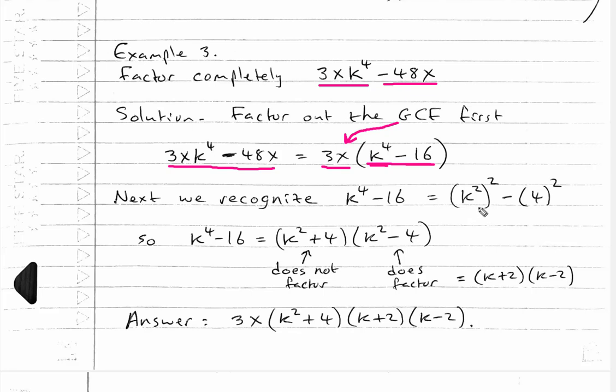Okay, so k squared times k squared, altogether you're multiplying 4 k's together. So this is a nice difference of squares, and we know how to factor those. So it's the sum, k squared plus 4, times the difference, k squared minus 4.